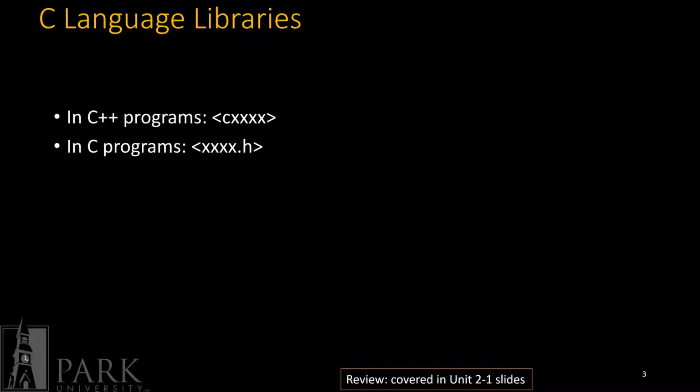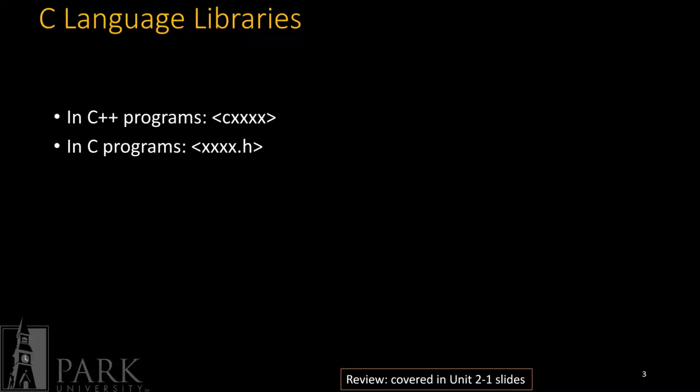As we explained in Unit 2, some of the C++ libraries originated as C libraries. The header files for those C libraries are called something.h, such as math.h for math functions and ctype.h for character-related functions. C++ wraps those C headers in C++ style headers called C something.